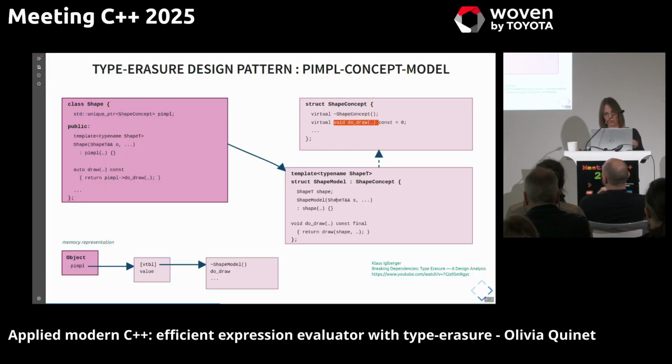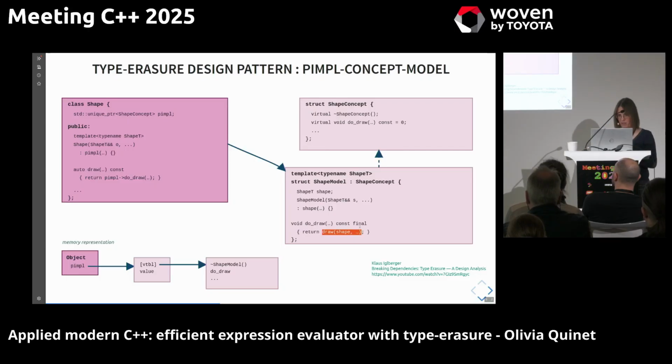And in the shape model, you actually store the shape. And you just call the free function draw on the shape for each type of shape that you want to support. So it's quite straightforward. But there are a lot of things to type, so that's one of the things that I don't like about it.